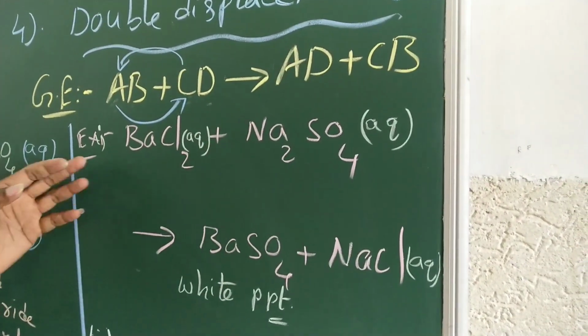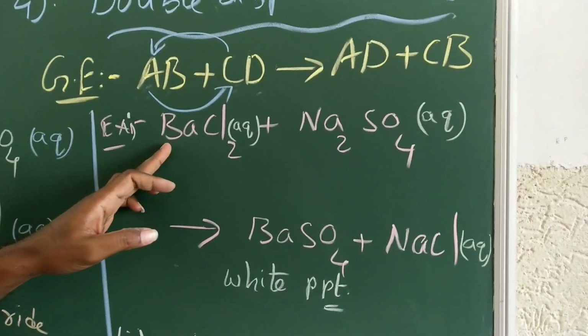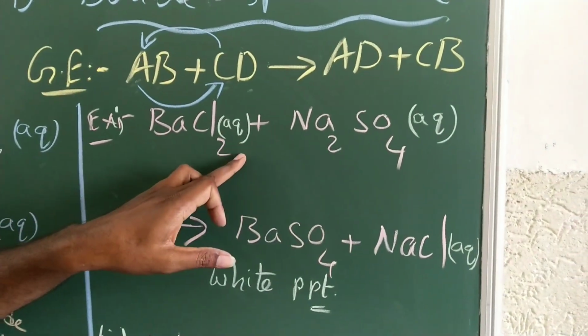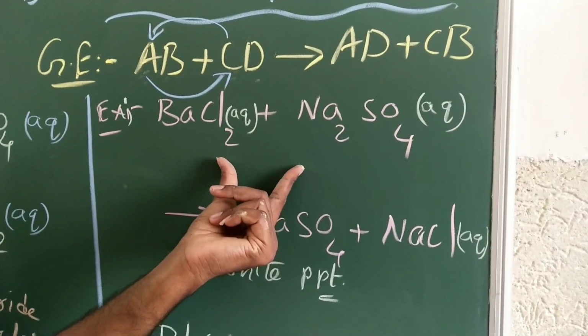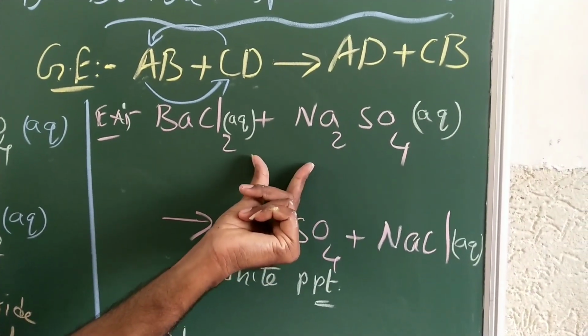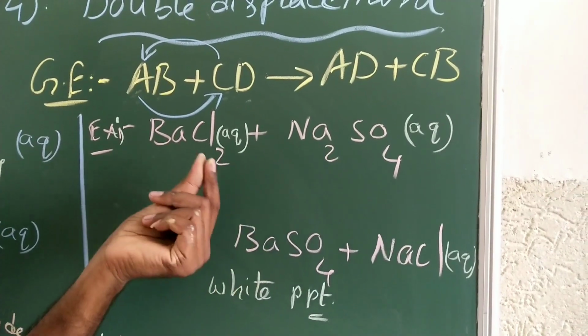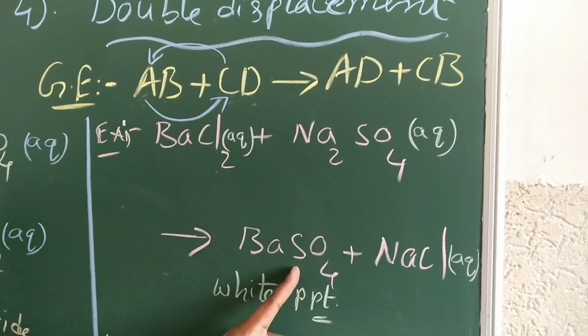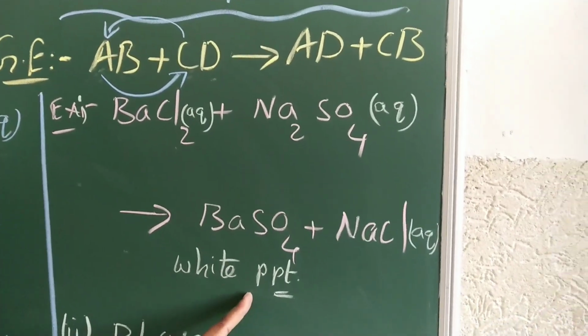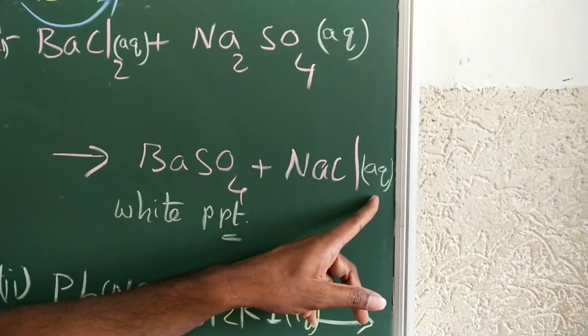The best example we have here is barium chloride aqueous solution and sodium sulfate aqueous solution. These two are aqueous solutions and will not have much color, just very light color. When these two are combined together, you will get barium sulfate, which is a white precipitate, and sodium chloride aqueous solution.